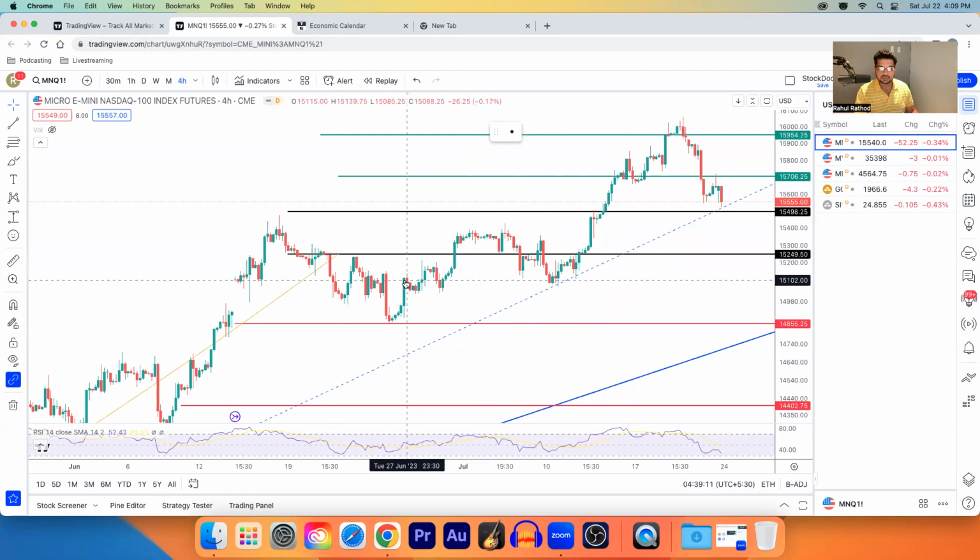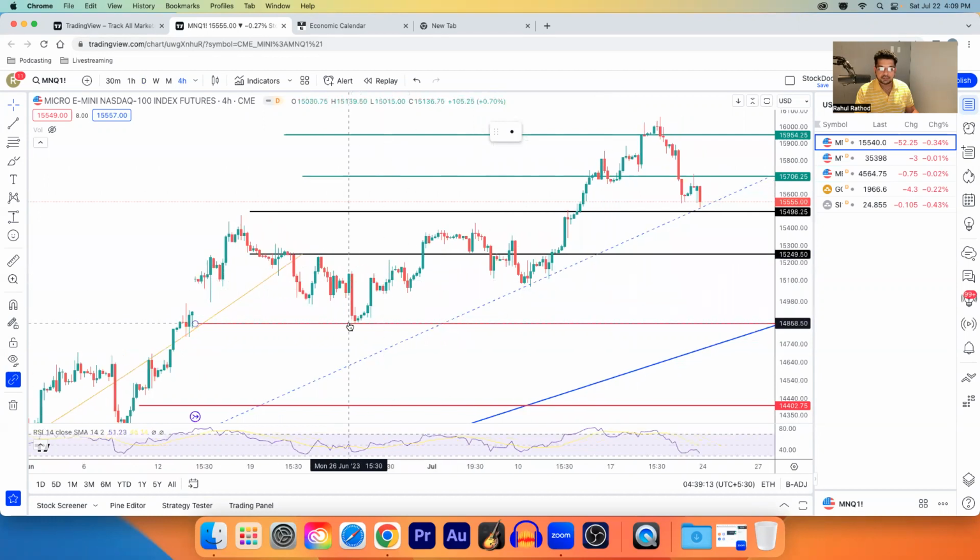If you see the last month, I did the analysis here, and I mentioned that 15,250 to 15,500 is a resistance zone. If it gets crossed, you can see the levels of 15,700 and 15,950, 16,000, and exactly it got achieved. Okay, now see the beauty of the chart.